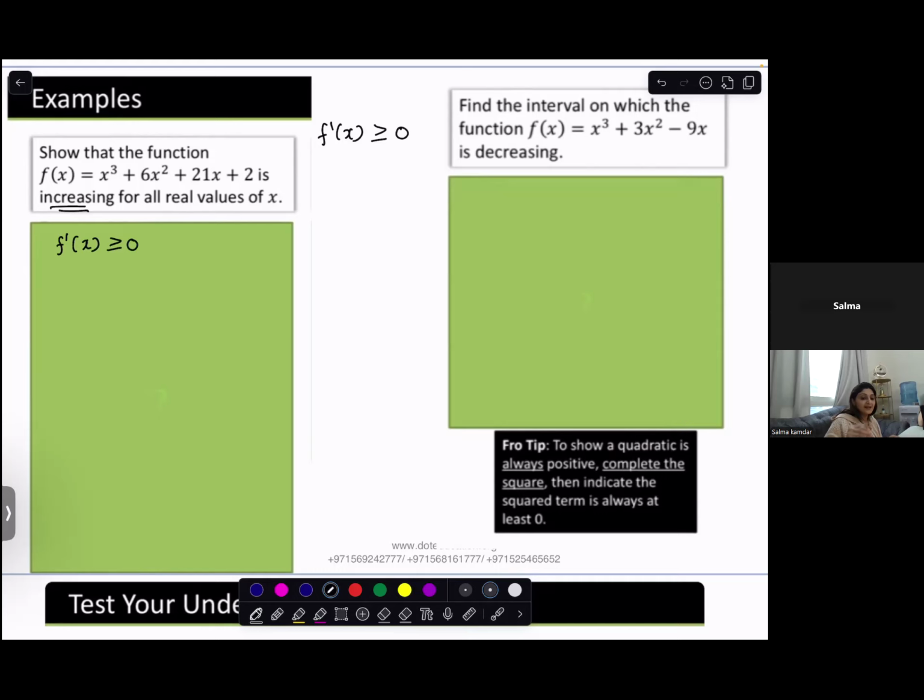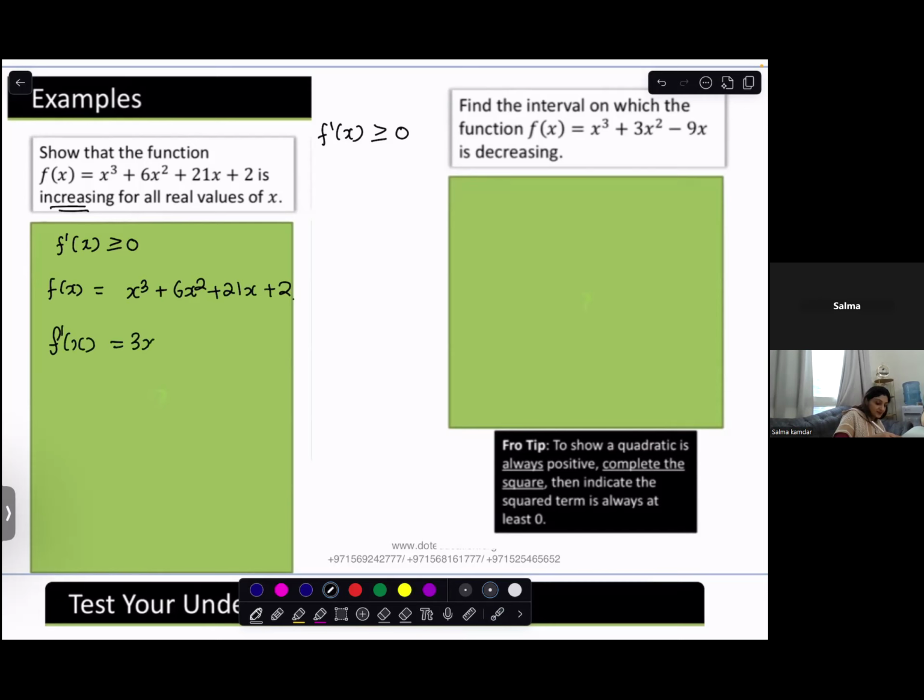I'll substitute the values. What values will I put in? I will put f of x equal to x cube plus 6x square plus 21x plus 2. I will find my f dash x.